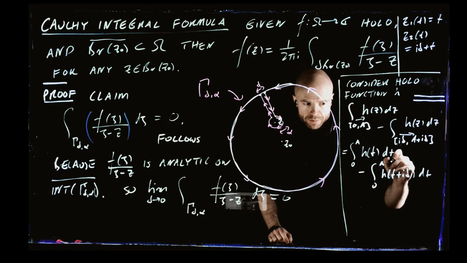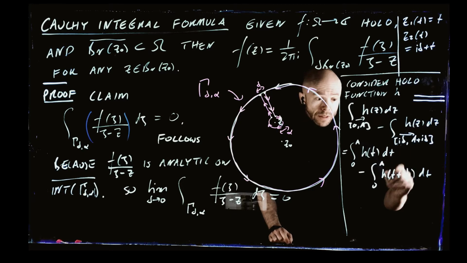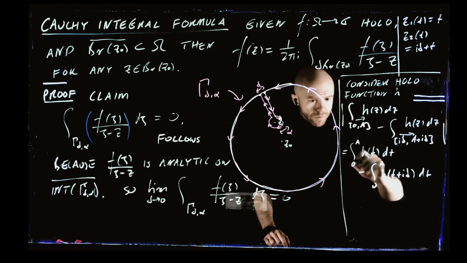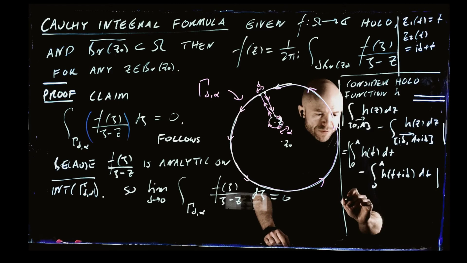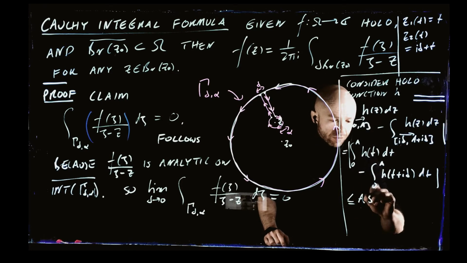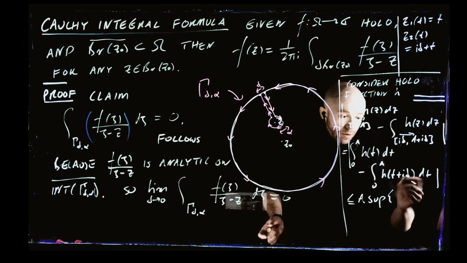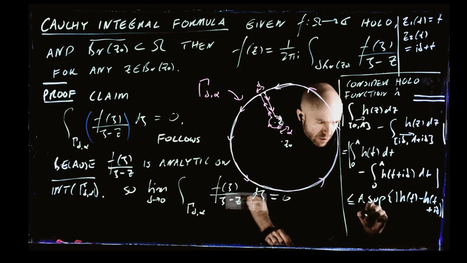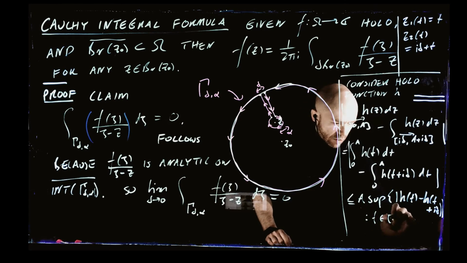Cool. So then what is this? If we take the absolute value of this, it's less than or equal to the length that we're integrating over, times the supremum of the difference h(t) minus h(t + i delta), where t belongs to 0 to a.